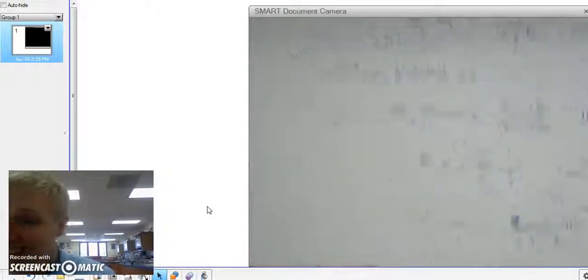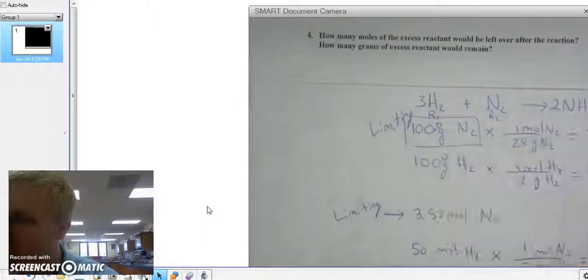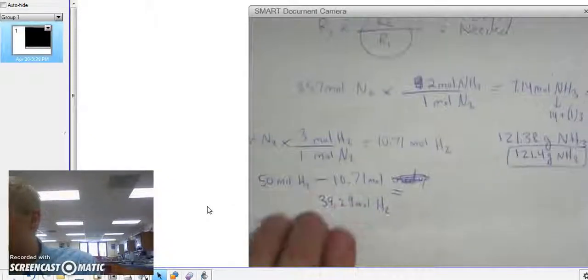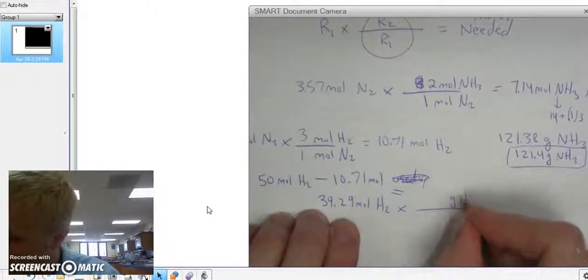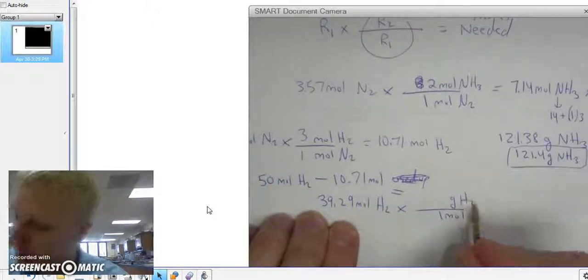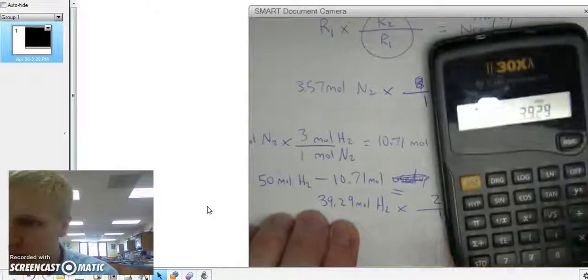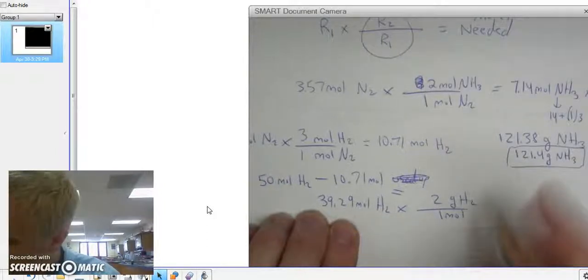But it doesn't end there, because we go back to the question. The next part is how many grams of excess would remain. We found out how many moles would remain, so now we just have to convert that to grams. Multiply it by a conversion factor, grams of H2 over 1 mole. The atomic mass of hydrogen is 1, but there's 2 of them in H2, so it's 2 grams. 39.29 times 2 is 78.58.